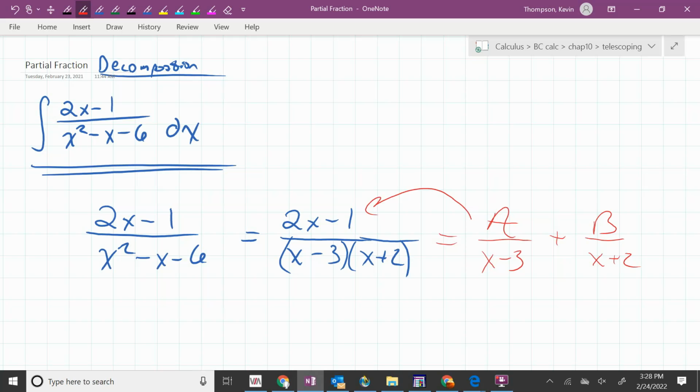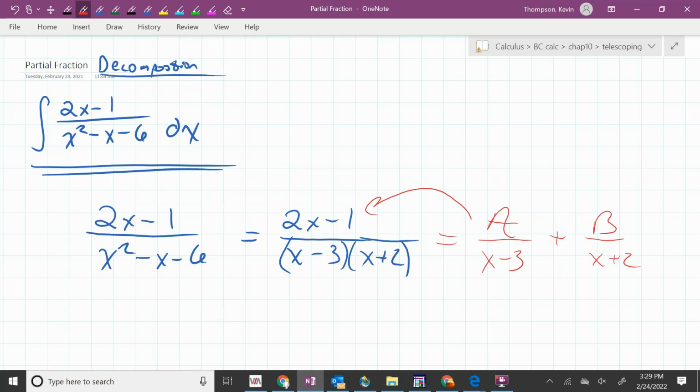I mean, isn't that reasonable? If I wanted to make a common denominator, couldn't I multiply over here by x plus 2 and x plus 2 and over here by x minus 3 and x minus 3, and somehow combining everything together the numerator becomes 2x minus 1?